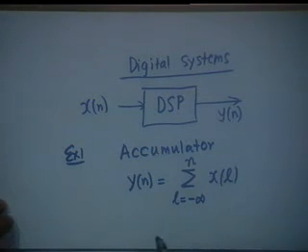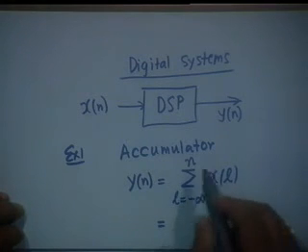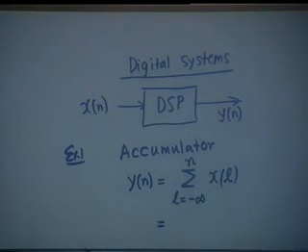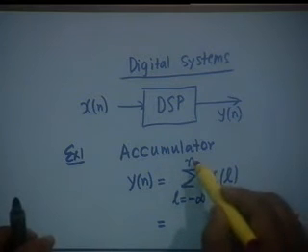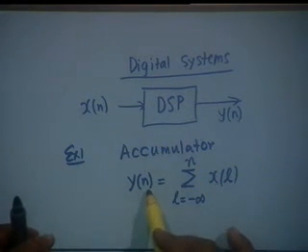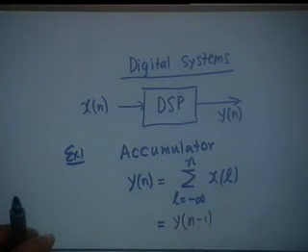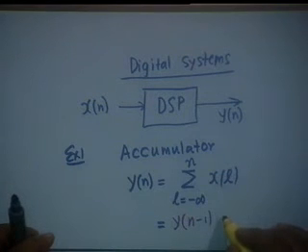Now, I can write this in many different ways. One of the ways is that if I change n here to n minus 1, what shall I get here? y of n minus 1. So, I can write this as y of n minus 1, and what am I missing?